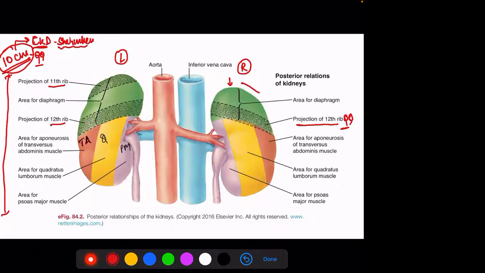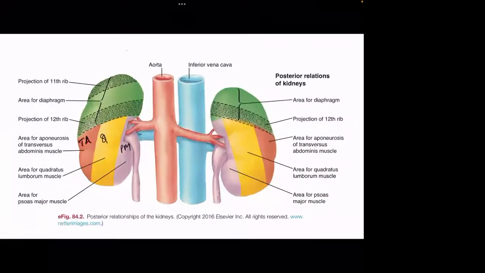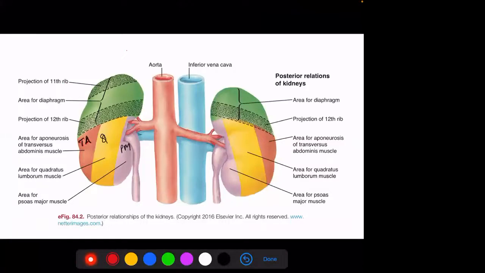Now there are three important nerves present in the posterior part of the kidney. What are these? Remember these three important nerves.